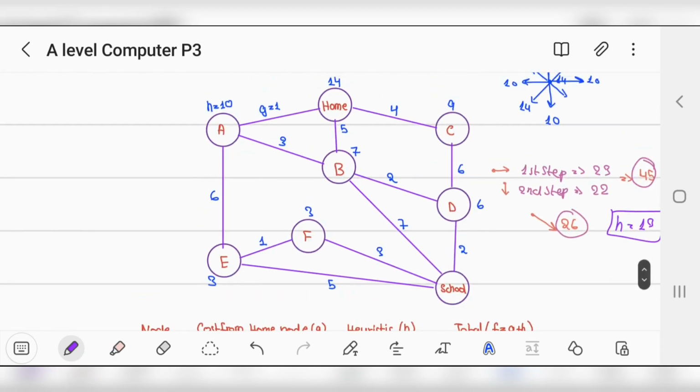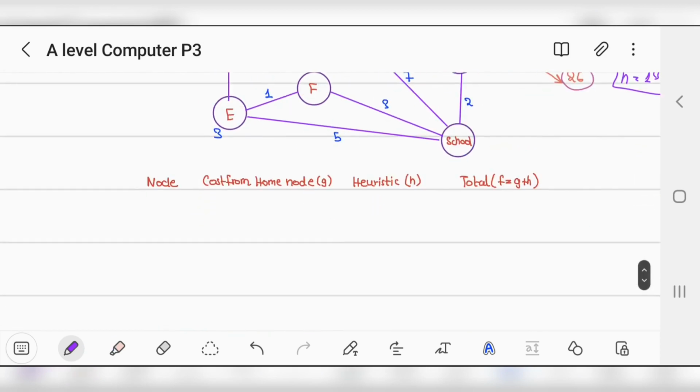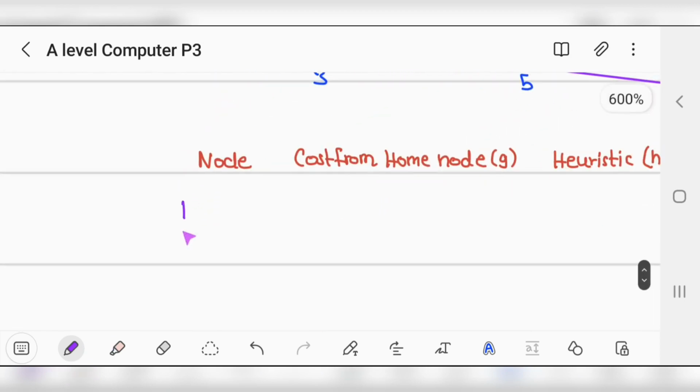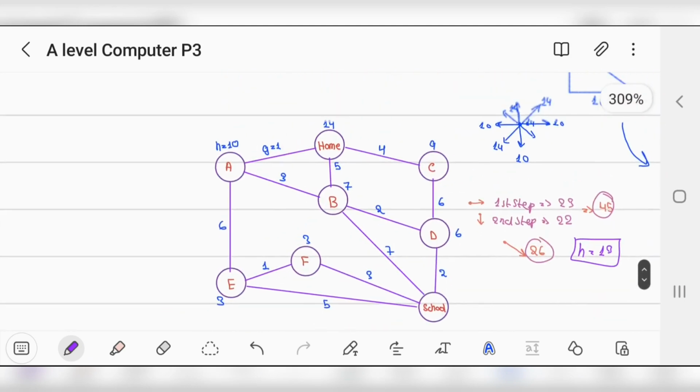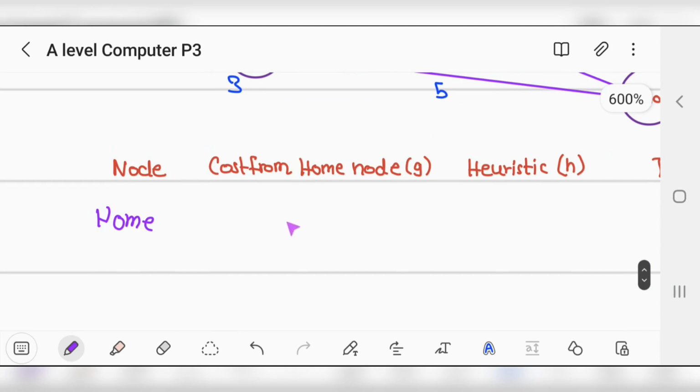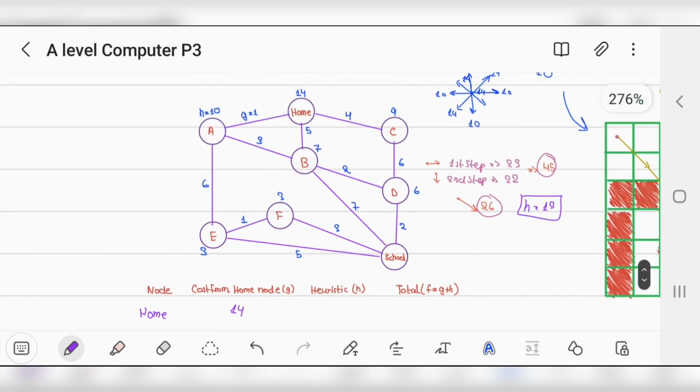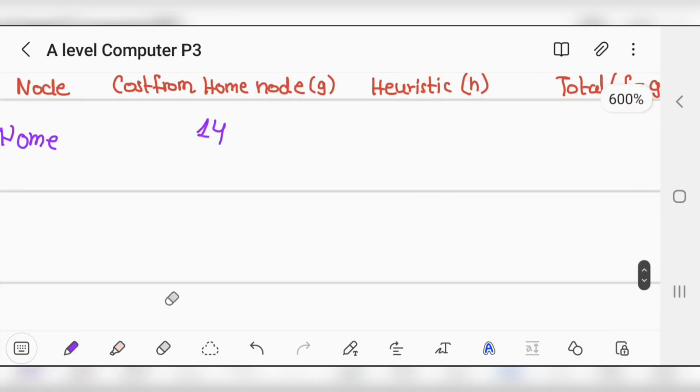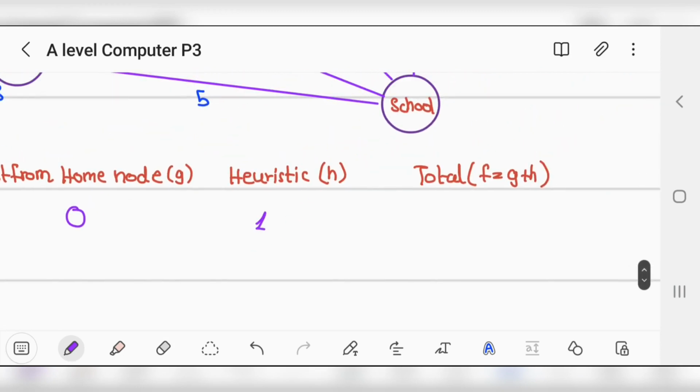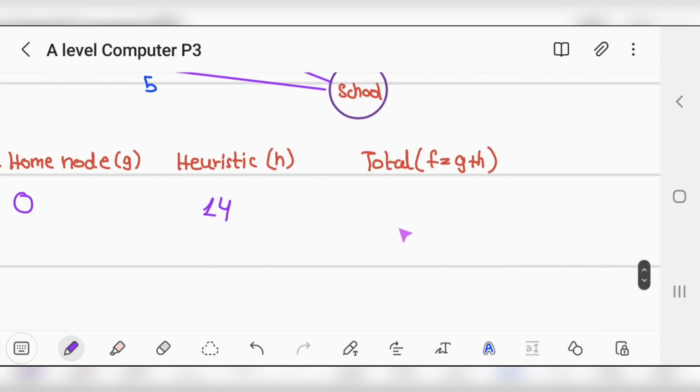Starting from home, the cost from home is 0 actually. The heuristic is 14, so the total is 14.